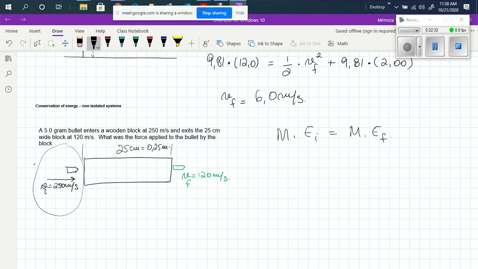You can have loss of energy here and there, but it doesn't change.